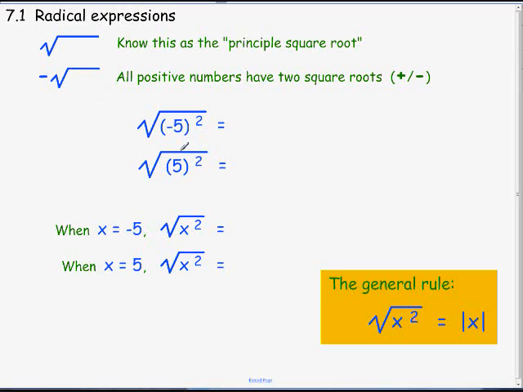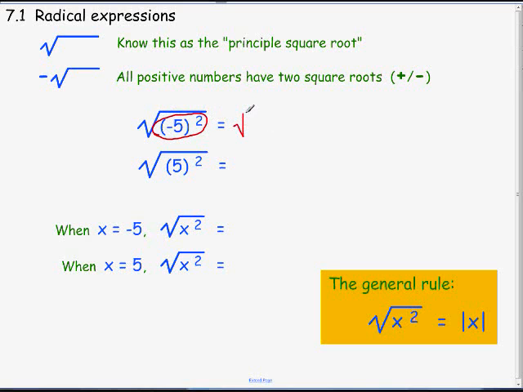We're going to use an example here which is not a perfect, well, I guess it is a perfect square. It's 25, but we're going to say, what if we have a -5 and we square it, and then we take the square root of that? We'll always start inside first.